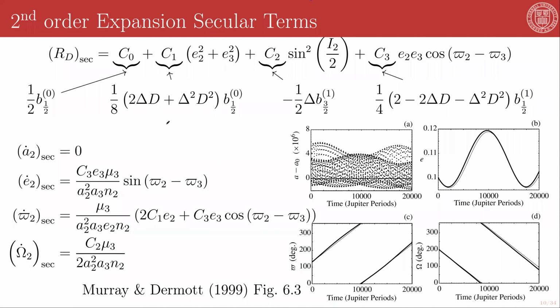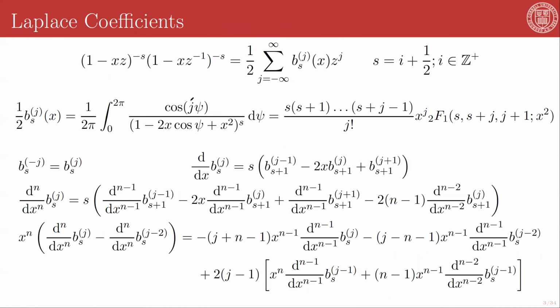Before moving on, I want to briefly discuss the numerical evaluation of these coefficients, which is really the numerical evaluation of the Laplace coefficients and their derivatives, in this case, up to second order. There exists an enormous body of literature on the efficient computation of these coefficients, but if we are not particularly concerned about efficiency, one of the simplest things that we can do is to directly implement the expressions given on this slide.